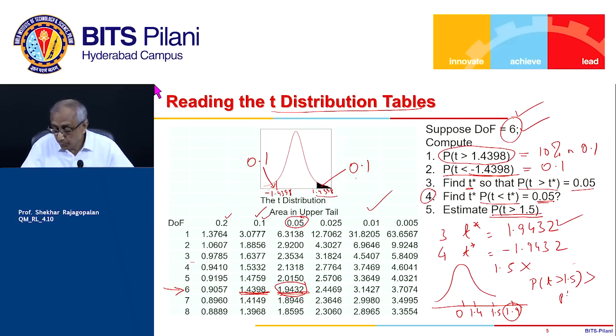So I can write this as probability of t greater than 1.9. But it will be less than the area to the right of 1.4. Therefore, this is probability of t greater than 1.4. And that's exactly what I mean by estimating the t value. And this idea we are going to use in later modules. So please just remember that.